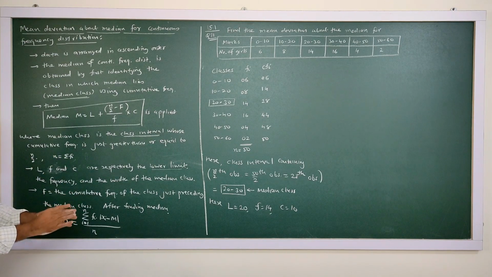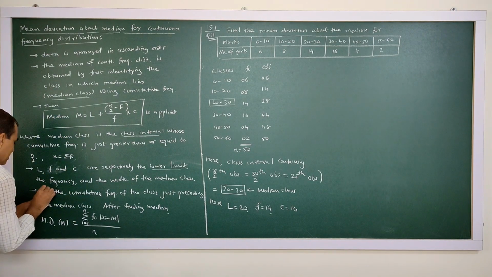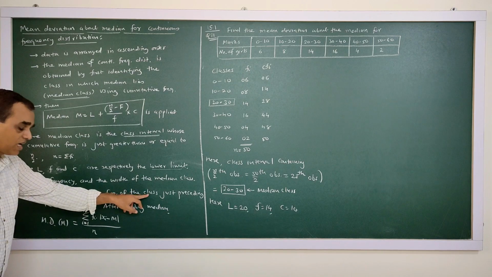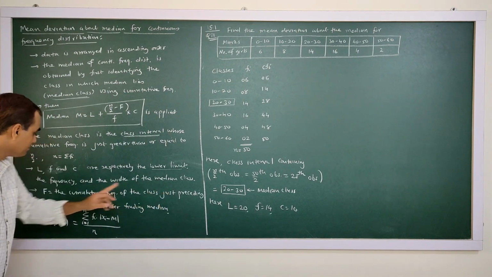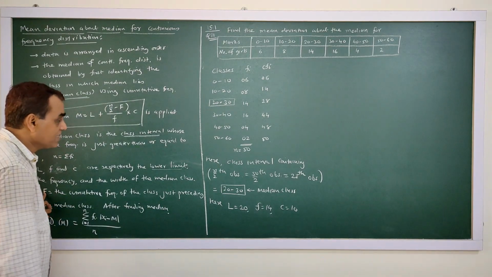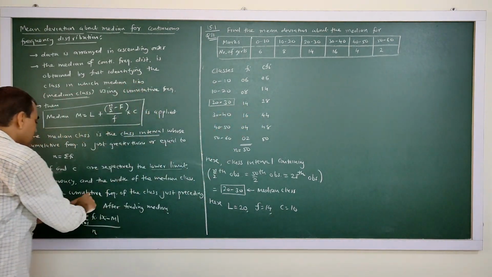So these values, one more is left, capital F. Capital F is the cumulative frequency of the class just preceding the median class.